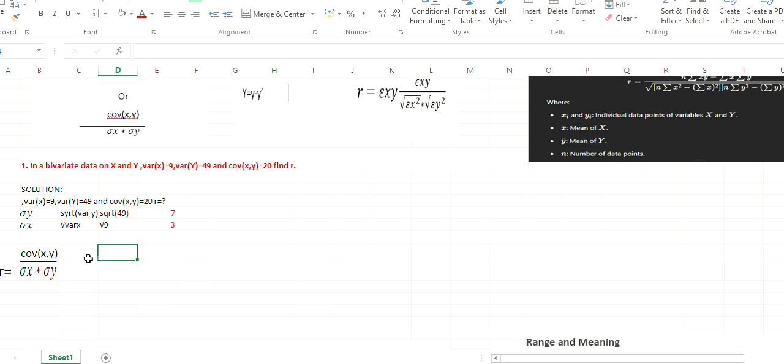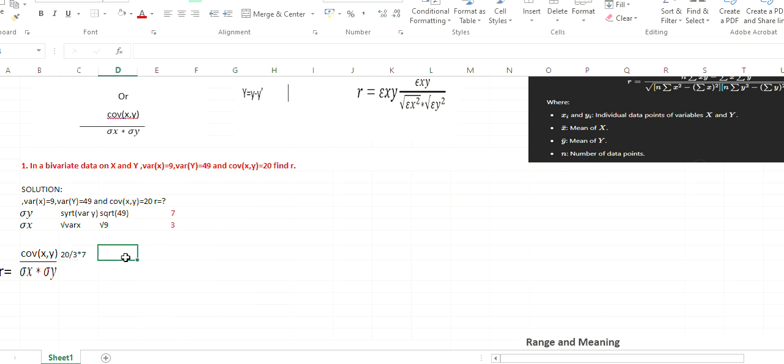So what is the covariance of xy? Just keep on substituting. They have given the covariance of xy as 20, so I'll write 20, divided by the standard deviation of x into the standard deviation of y. The standard deviation of x is 3, and y is 7, so 7 into 3.